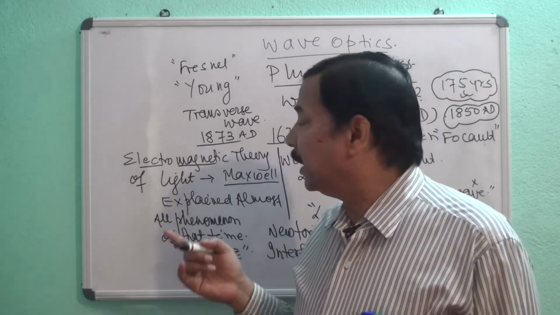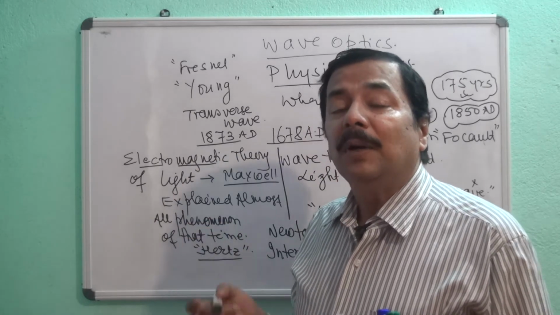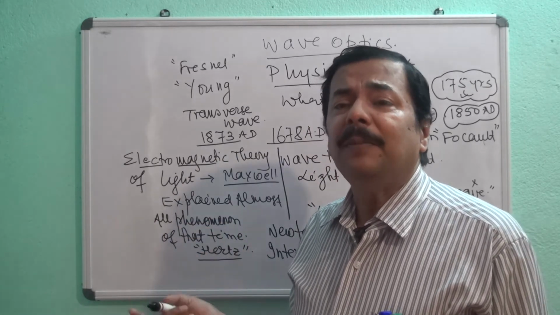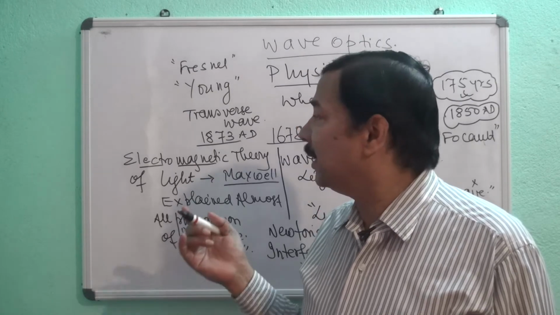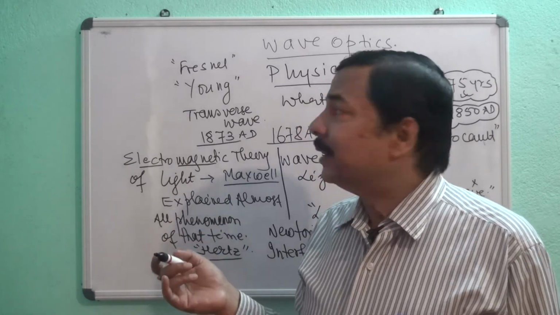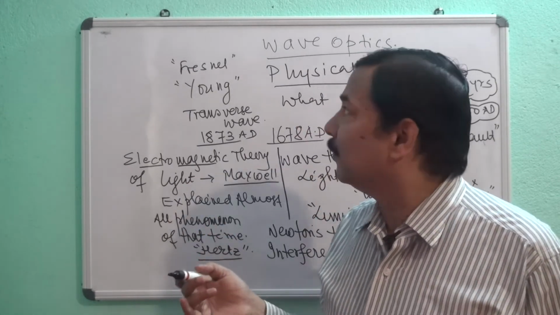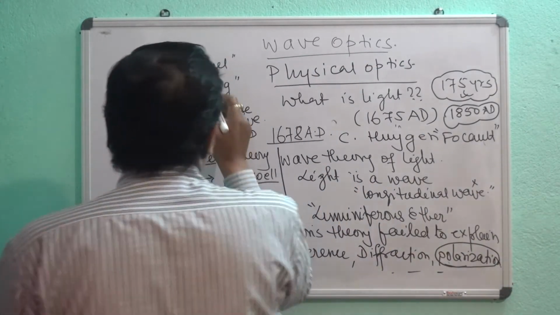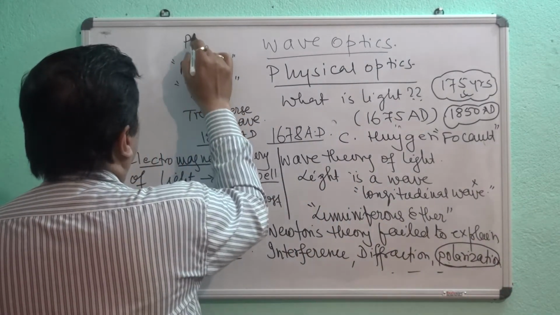So ultimately the electromagnetic wave was produced, but accidentally, at the same time, Hertz discovered a phenomenon that is known as the photoelectric effect. So I am writing here: photoelectric effect.